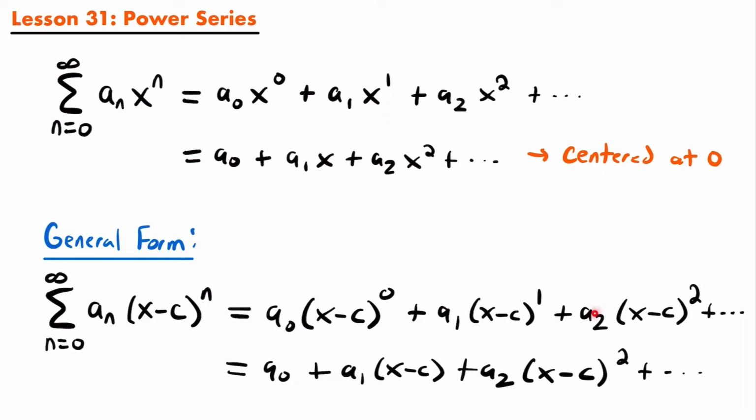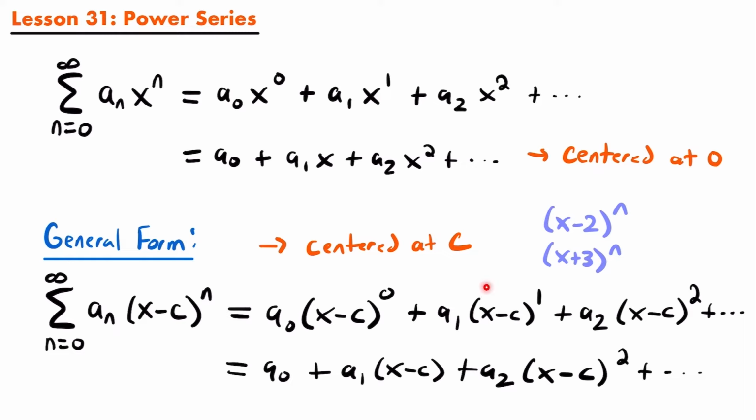So the general form of a power series is a power series centered at the value of c. For example, if we had x minus 2 to the power of n within our power series, we would say that that power series is centered at 2. 2 is taking the place of c. For another example, if we had x plus 3 to the power of n within our power series, then we would say that the power series is centered at negative 3.